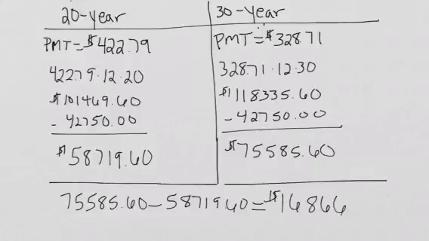That is the total amount of money we will save in interest by going with the 20-year option versus the 30-year option. So even though the monthly payment for the 30-year option looks a lot nicer than the 20-year option, in the long run, you're going to wind up saving a lot more money going with that 20-year option.